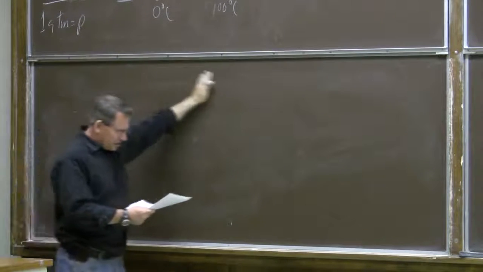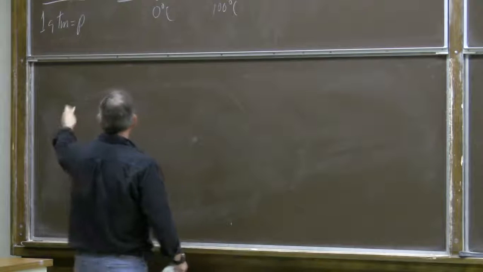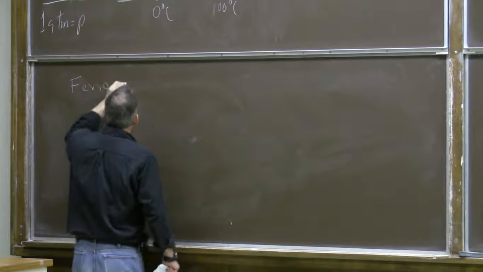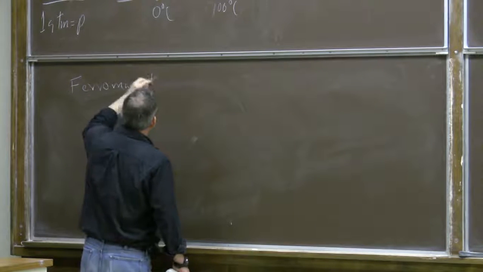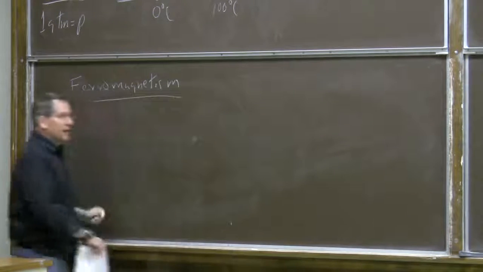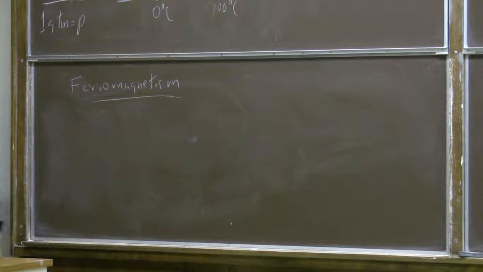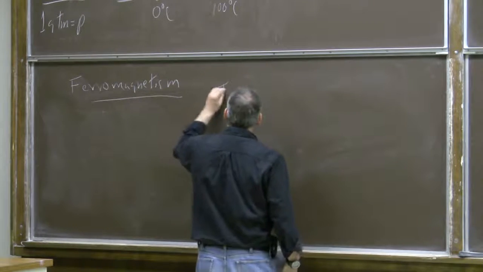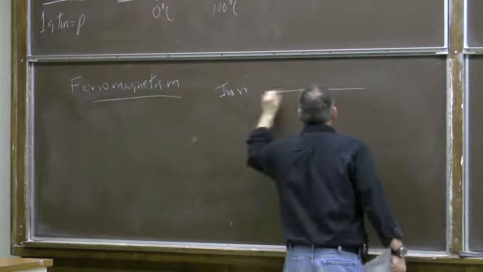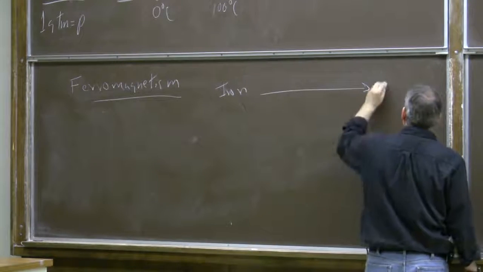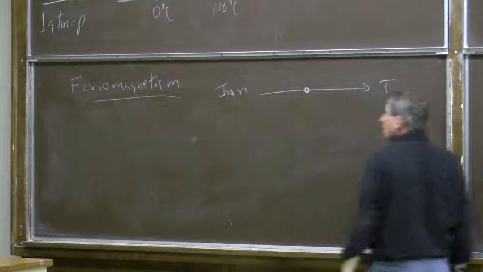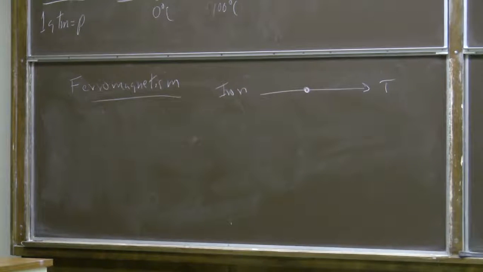So one which we kind of talked about and which we'll discuss in more detail later on is ferromagnetism. Now you know that iron magnetizes, at least at sufficiently low temperature. But if I consider iron as a function of temperature, at a sufficiently low temperature it spontaneously magnetizes.